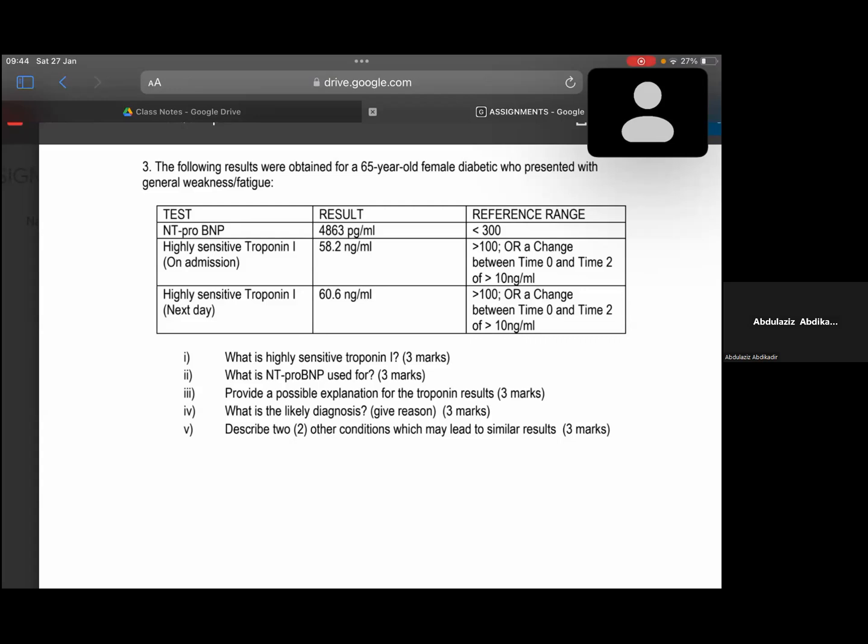Not a diagnosis, but an indicator of risk. This thing is there, but it's not yet reached the cutoff point.